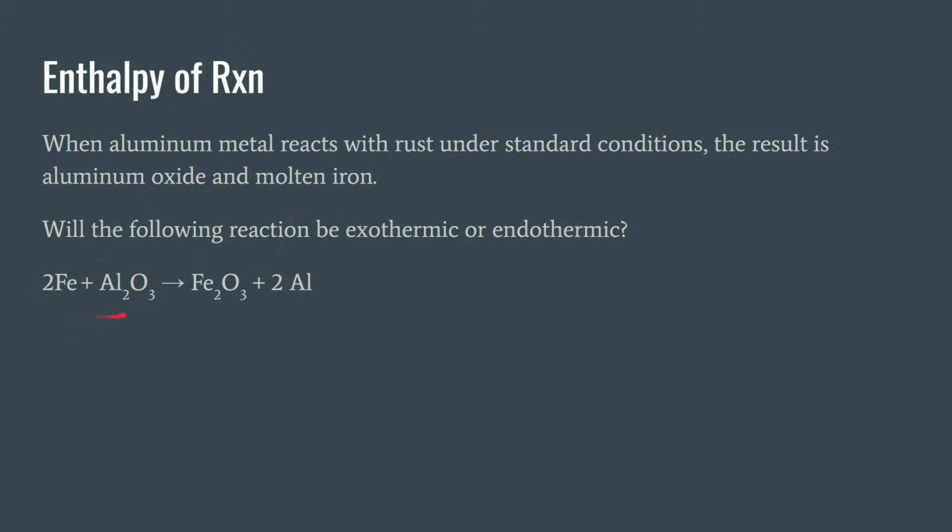But that's not what this reaction is. This reaction is iron reacting with aluminum oxide to produce iron(III) oxide and aluminum metal. So, if aluminum reacting with rust is incredibly exothermic, then the same reaction going in the other direction will be endothermic. You would have to put a lot of energy into this reaction in order to get it to proceed. Ordinarily, it would not happen.